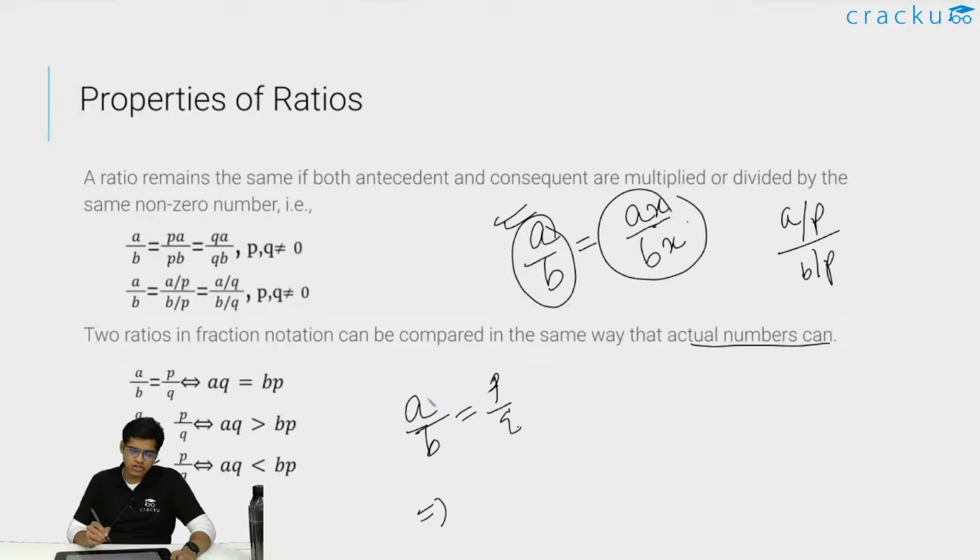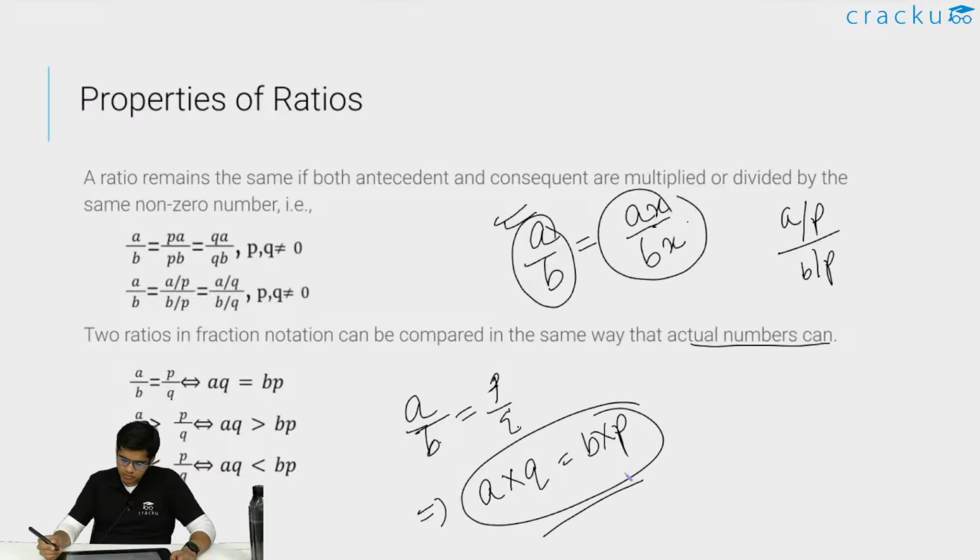I can shift q to this side, so it becomes a multiplied by q, and I can shift b to this side, so it is b multiplied by p. And this is for the equal sign.